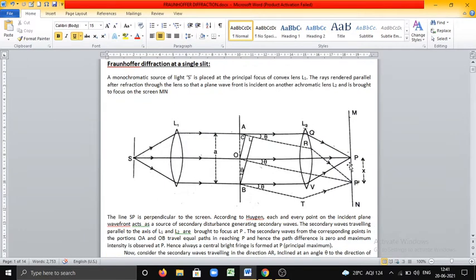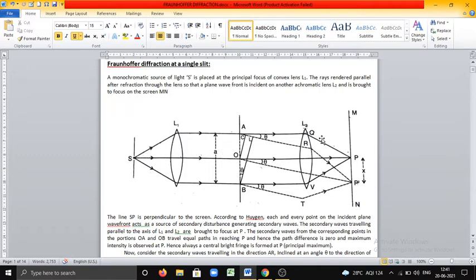The line SP, here we can see that this line SP is perpendicular to the screen. According to Huygens, each and every point on the incident wavefront acts as a source of secondary disturbance which produces secondary waves.